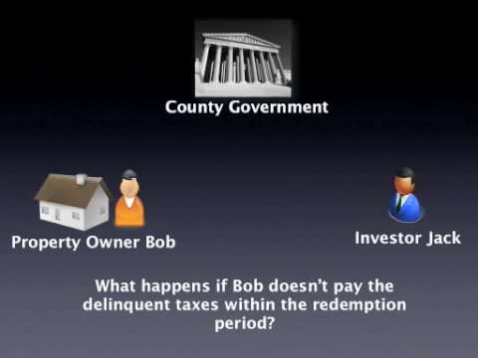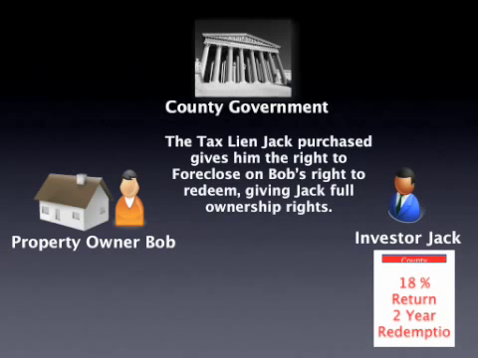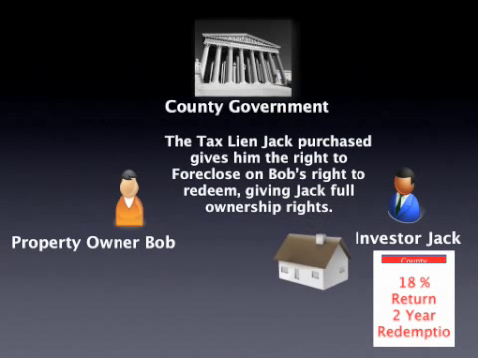Now, what happens if the property owner doesn't pay back the delinquent amount within the 2-year redemption period? Well, the investor still has a number of options here to make sure that he makes his money back. The tax lien that this investor's purchased gives him the right to foreclose on this property if the property owner does not pay back that delinquent amount before the 2-year redemption period expires.